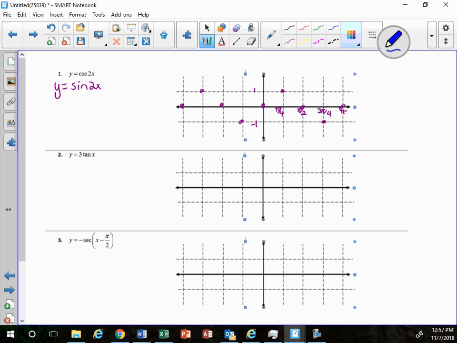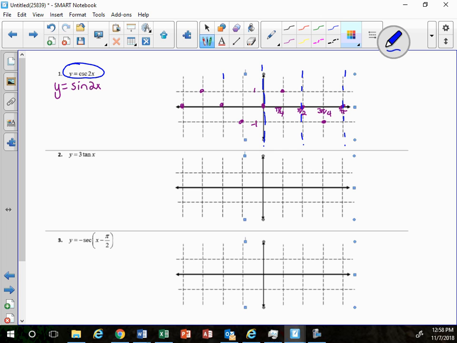I would. This is where having colors or a pen and a pencil might help, because then you could say, okay, the pencil's my parent graph, I don't need that anymore. Only look at the pen or the blue or whatever color. And should we make it obvious that we need to use that cosecant? Yeah. Just in some way, note for me what you're doing. Like for me, I'm going to have my answer here in blue. And again, you can draw the sine graph.